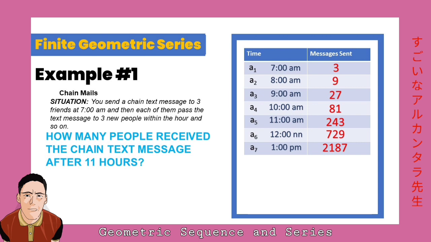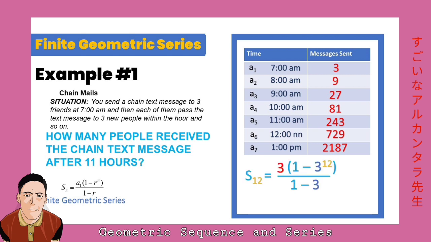We're asking for the total. So for us to get that, what we will use is the formula for a finite geometric series. So we have here S sub n again is equal to a sub 1 times the quantity 1 minus r raised to n, all over 1 minus r. The a sub 1 in this given, again, is 3. So you have to write that down carefully. 3 is your a sub 1.